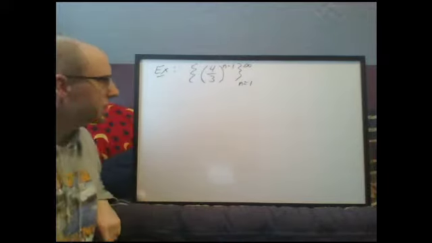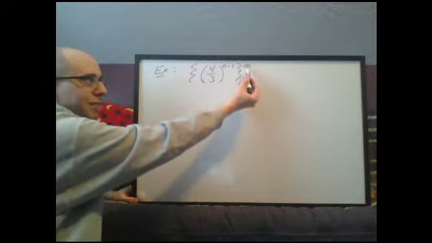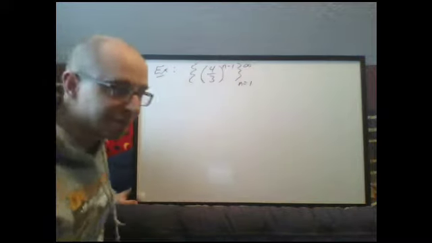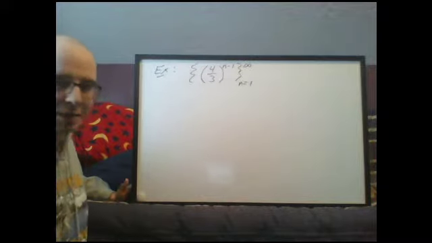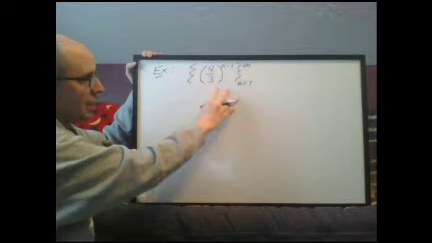A sequence can be set up kind of like a set. It gives you a starting n value and then an ending n value, which for us will generally be infinity. These are infinite sequences for the most part. But this is the sequence as a set.